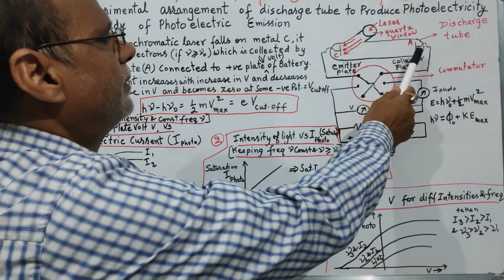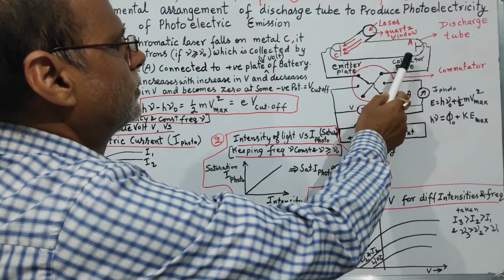So we vary this potential from positive to some negative value.